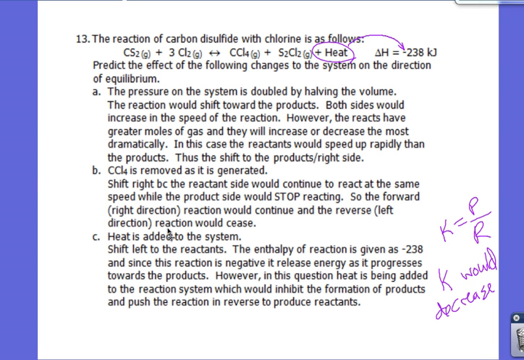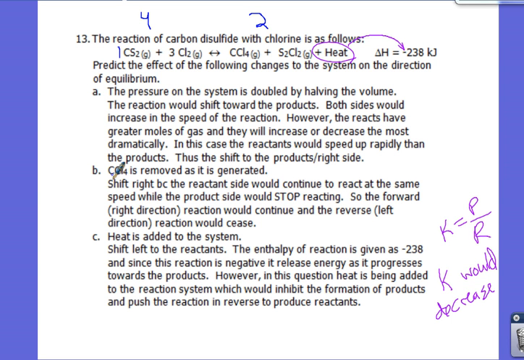So this side has 1 plus 3, which is 4. This has 1 plus 1, which is 2. So the reactant side speeds up more rapidly than the product side. So this reaction would shift towards the right.